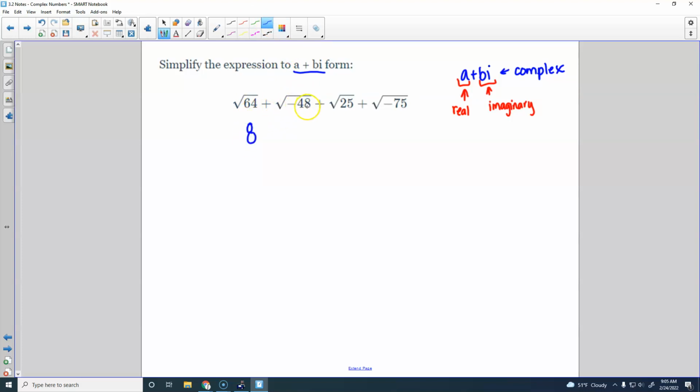We could break down the square root of 48. Is that 16 and 3? So we could break it down and make it 4i times the square root of 3. The square root of 25 is just 5.